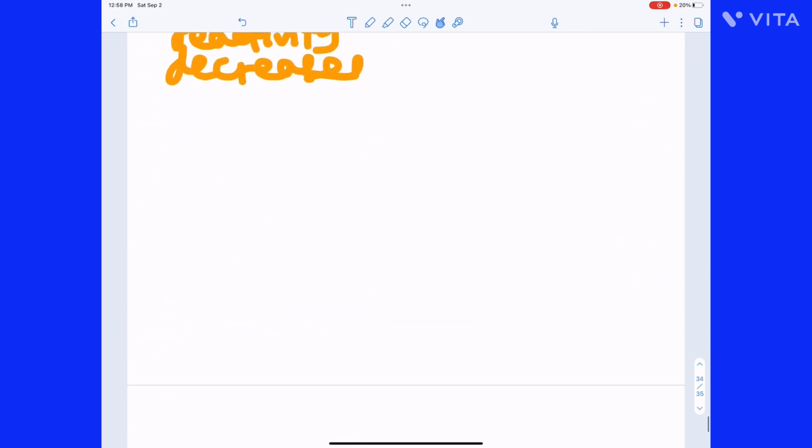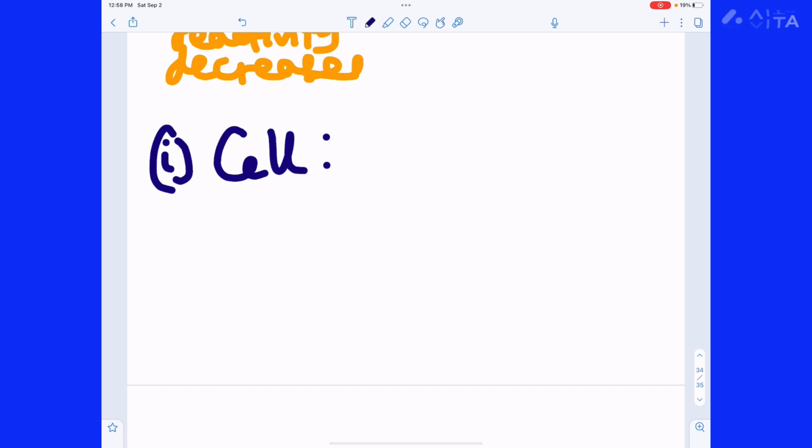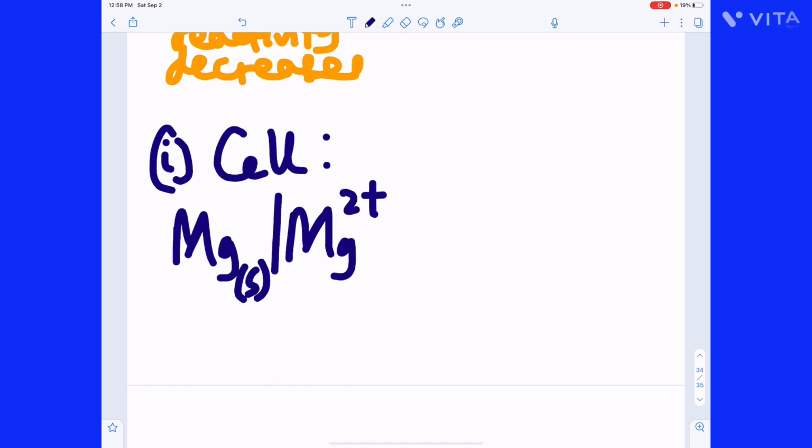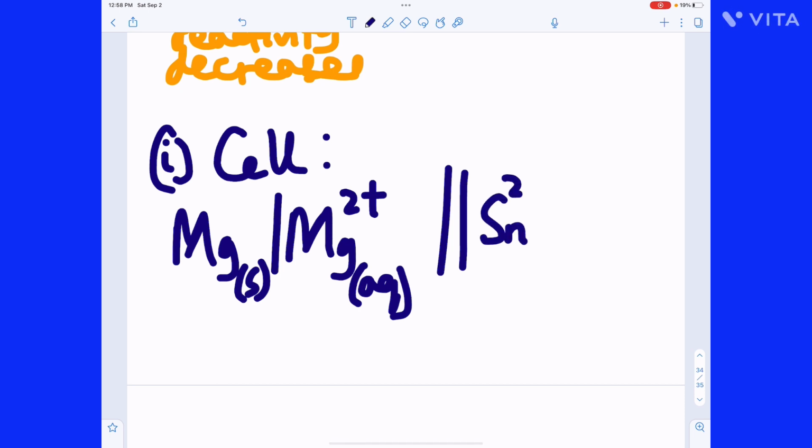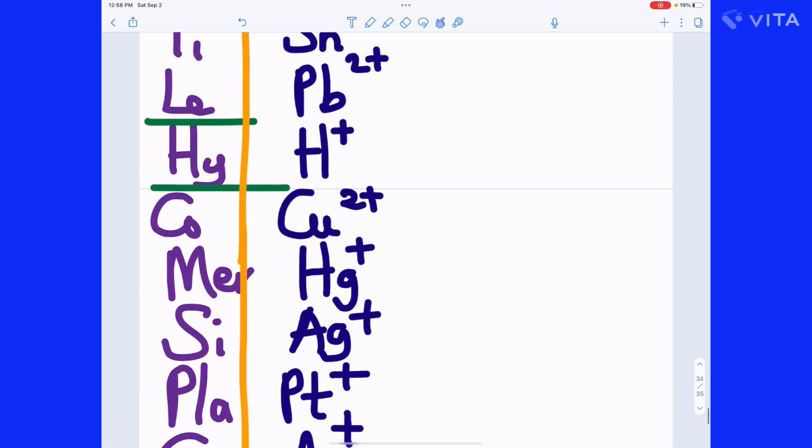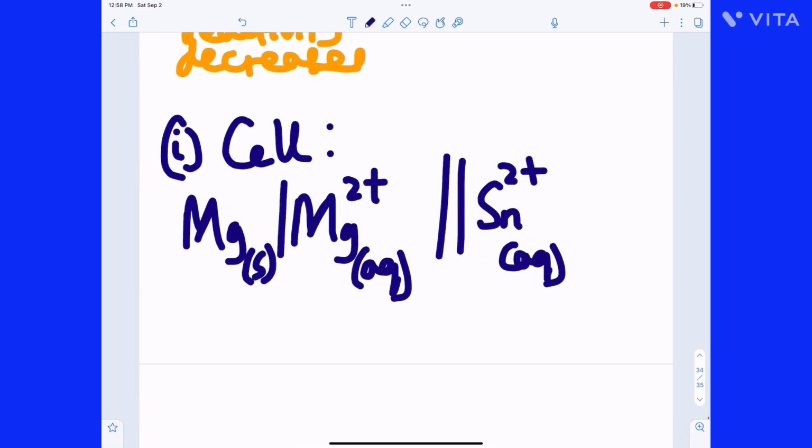That means that we are going to write our cell like this. The question says we should write a cell representation. So our cell will look like this. The magnesium will be the oxidation half cell, Mg/Mg2+, giving electrons to the reduction half cell, Sn2+ aqueous slash Sn solid.